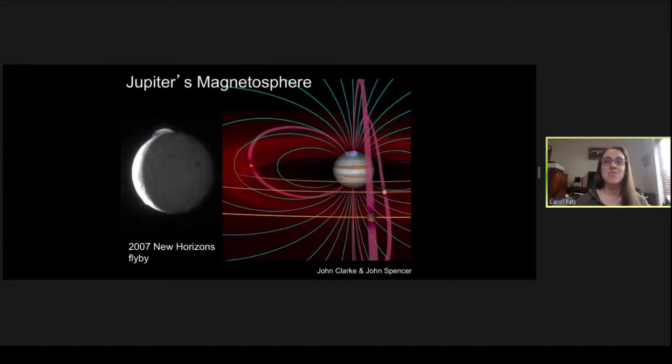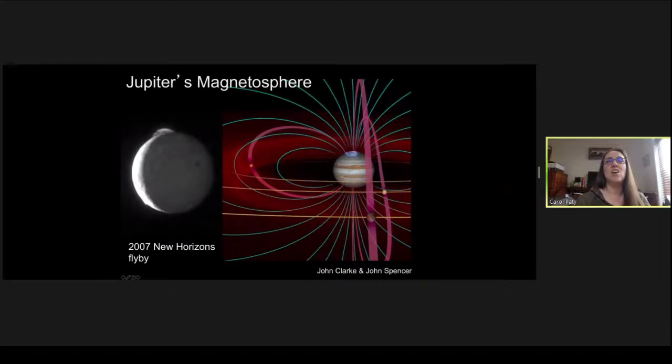Jupiter is located at 5 astronomical units. And Jupiter, you see here, highlighted in red, has an internal plasma source that's not plasma coming from the solar atmosphere, but plasma coming from the moon Io, which is so volcanically active. You can see a volcano erupting here off of the limb that was captured by the New Horizons flyby in 2007.